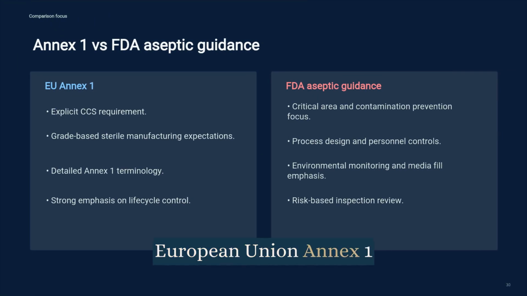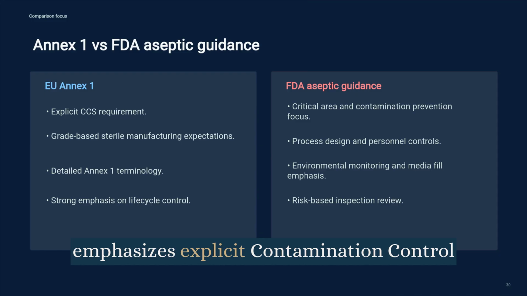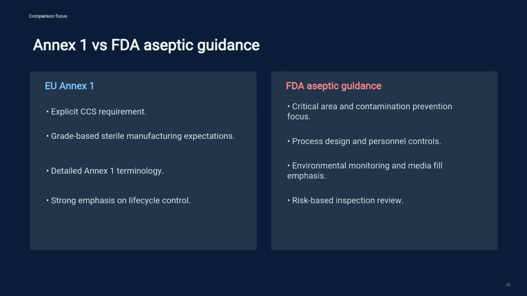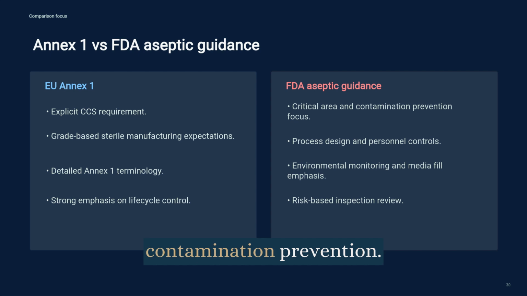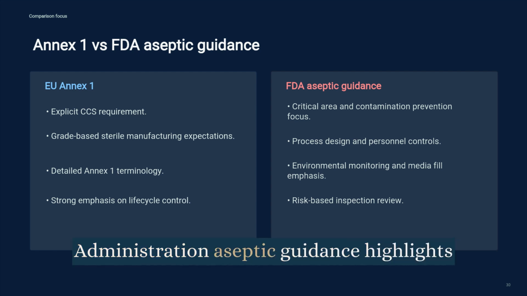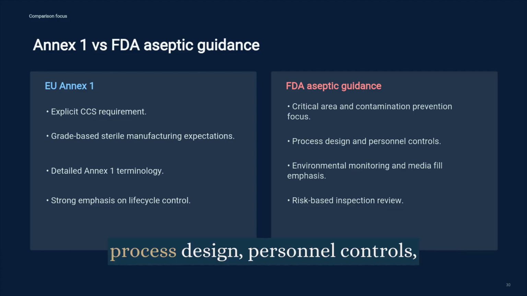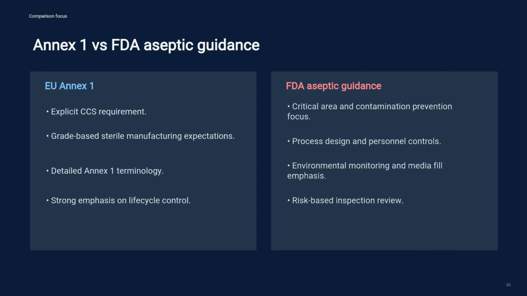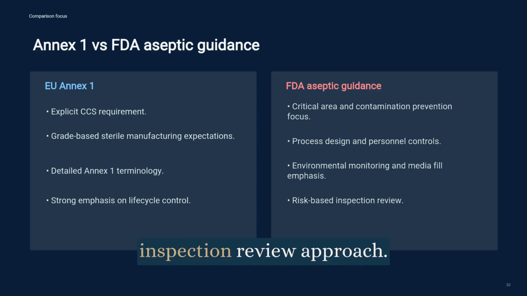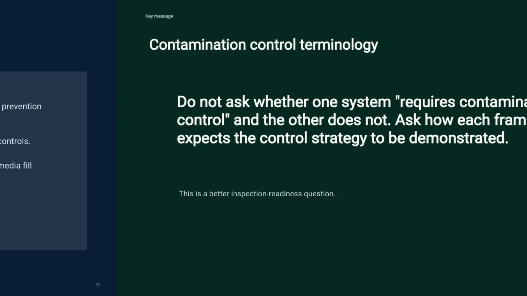European Union Annex 1 emphasizes explicit contamination control strategy, CCS, and grade-based sterile manufacturing. It focuses on life cycle control, critical areas, and contamination prevention. The Food and Drug Administration aseptic guidance highlights process design, personnel controls, environmental monitoring, and media fill, with a risk-based inspection review approach.